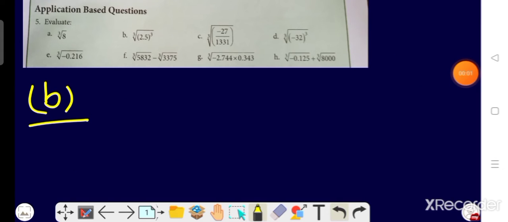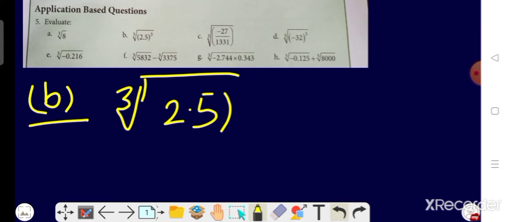Now B part. B part is the cube root of 2.5 raised to the power 3. Here we have to calculate the cube root of 2.5 raised to the power 3. To find the cube root of this number, let us discuss one property of the cube root of a number.